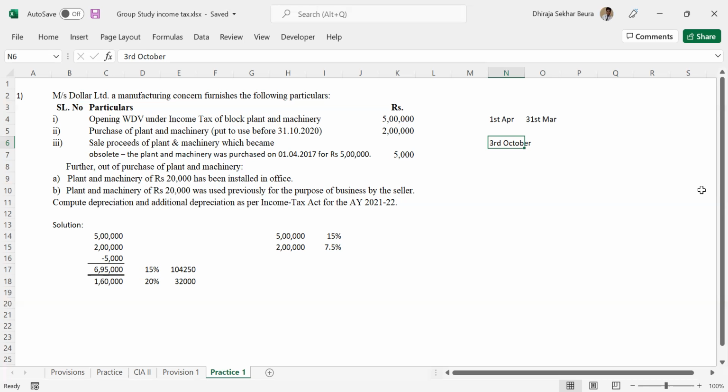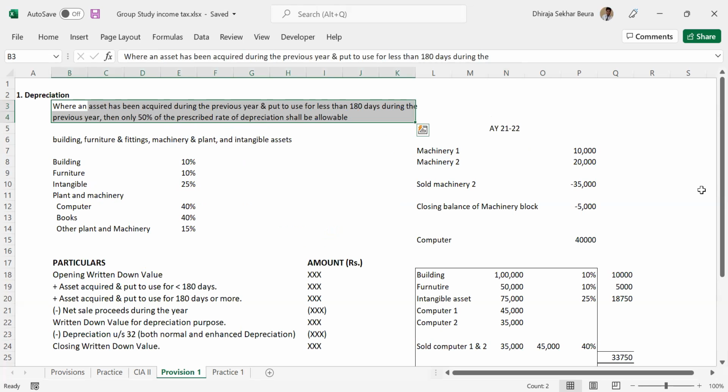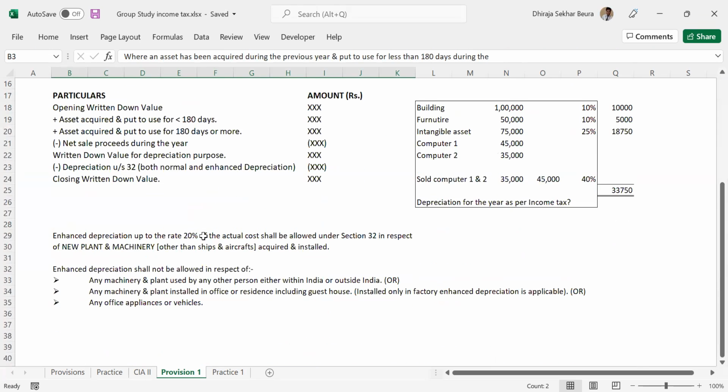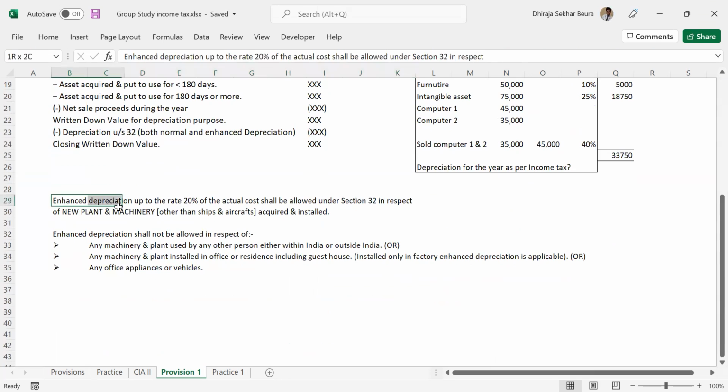Now let's look at one more provision. There is something called additional depreciation or enhanced depreciation. There is a facility provided by the Income Tax Act, which says enhanced depreciation up to the rate of 20% of the actual cost shall be allowed under section 32 in respect of new plant and machinery other than ships and aircraft, which is not important for us, acquired and installed.